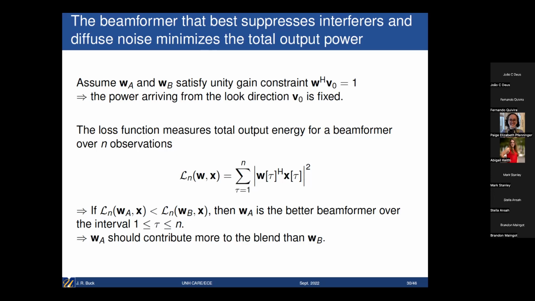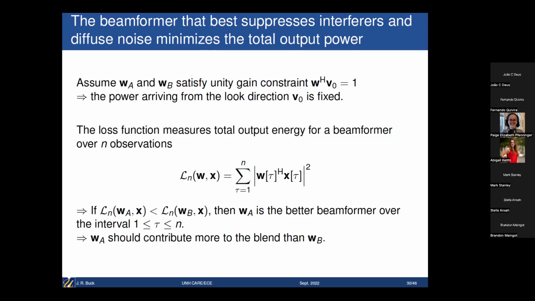It's the one that has the least total output power, right? Remember, Capon's metric was we want to minimize output power subject to unity gain. So whoever's been doing that well is the beamformer that's doing the best compromise between not canceling interferers and averaging out the background noise. They're doing the best job balancing those two.